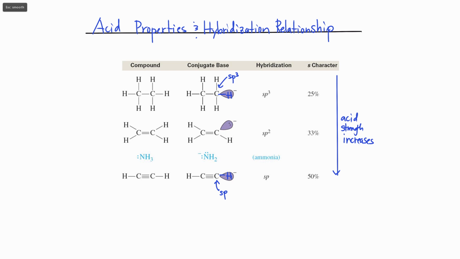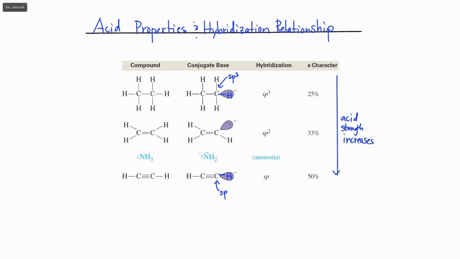Now, since that carbon in this alkyne, this has a special name, that anion, I'll talk about that. But since this is sp hybridized, it has more S character.